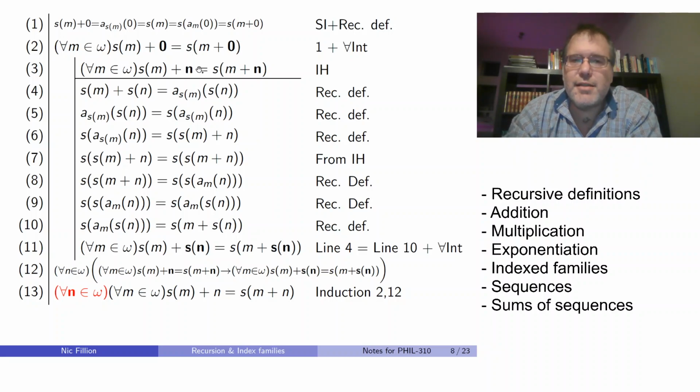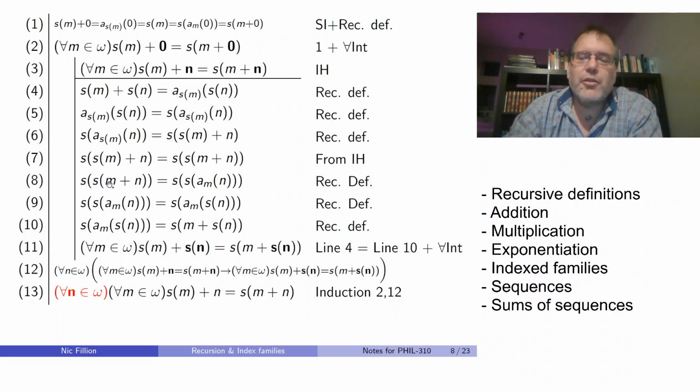It's telling me that the successor of m plus n equals the successor of m plus n. So the argument of that first successor function here is substituted using the inductive hypothesis. It's a substitution of identicals. Okay, so that's cool. Let's take that as our left-hand side.